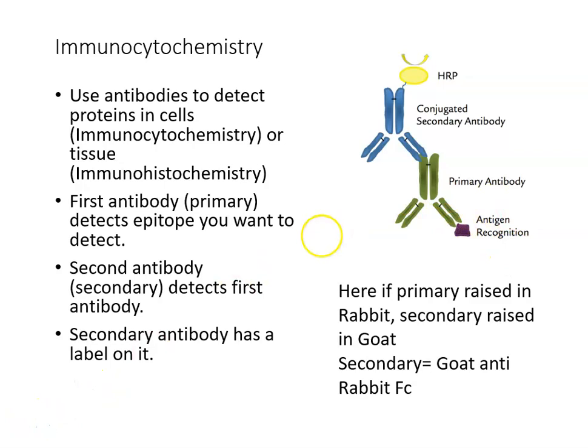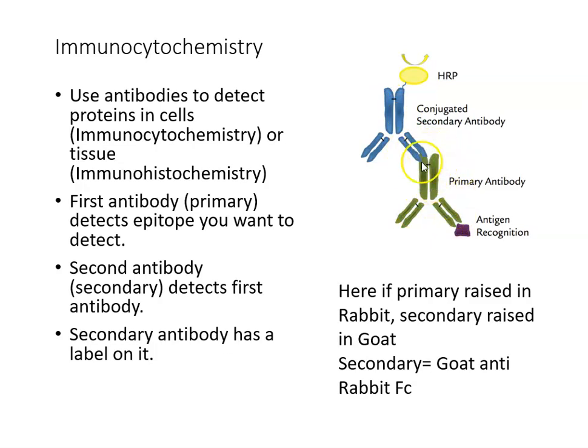So we have our sample prepared, we apply the primary antibody that recognizes the antigen, allow that to bind, wash off the excess. We then apply a secondary antibody, and the secondary antibody recognizes the first antibody. So if the first antibody is goat anti-protein A, we need an antibody that recognizes goat immunoglobulins, specifically the Fc portion.